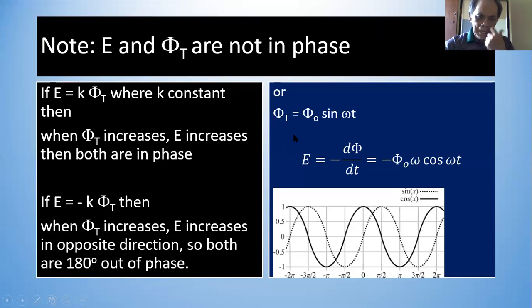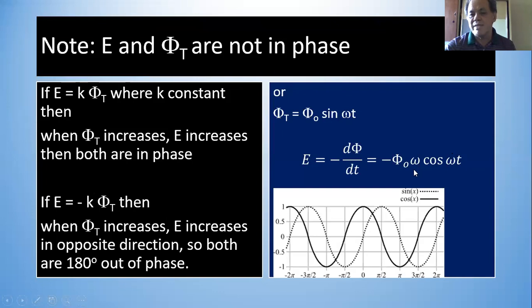Or if you want to use maths, usually your flux linkage changes. I prefer to use sine. I can use cos A1, and then when you differentiate it, this one is 0. So when you differentiate this one, it becomes cos omega t.